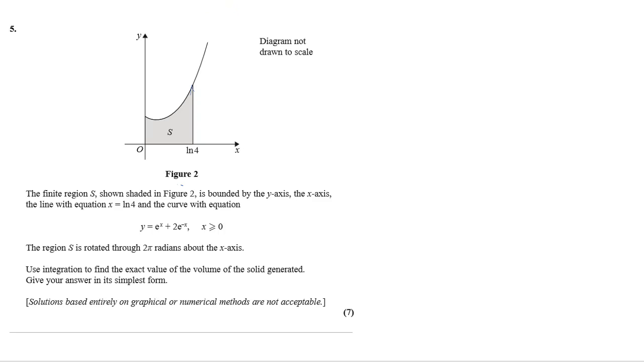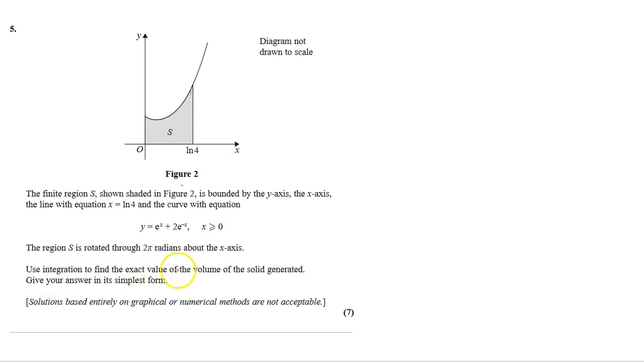Question number 5. The finite region S is bounded by the x-axis, y-axis, x is equal to ln 4, and the curve y is equal to e to the power x plus 2e to the power minus x. It is rotated through 2 pi radians about the x-axis.